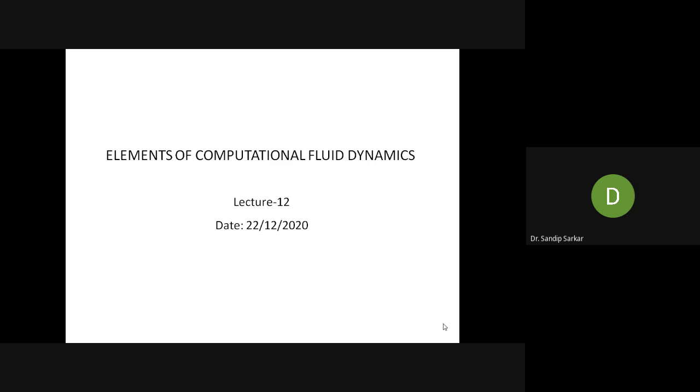the governing equations of fluid flow, which are the Navier-Stokes equations. That is a three-dimensional nonlinear partial differential equation. So how can one apply numerical techniques for the solution of the three-dimensional nonlinear partial differential Navier-Stokes equations, that is the x momentum, y momentum, and z momentum equations, in addition to the continuity equation?